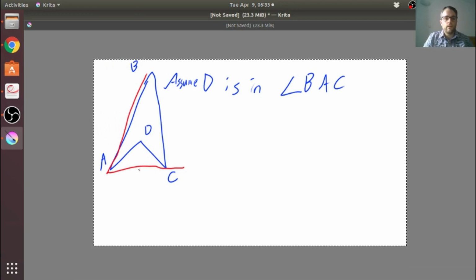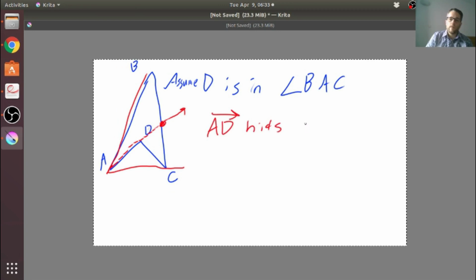Well, what's wrong with that? That means that if I take this ray AD and extend it out, it's got to hit the segment BC. That means the ray AD hits the segment BC. And what name did we give that? We called that the crossbar theorem.